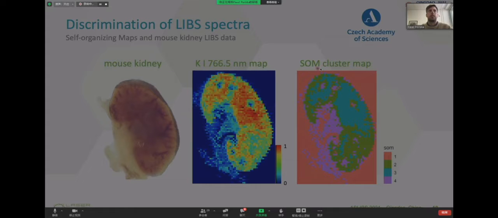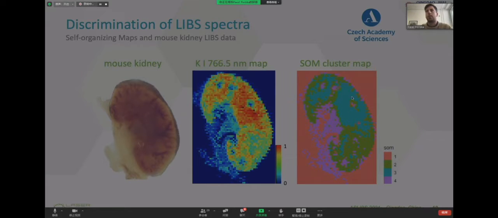So we are using self-organizing maps. I'm not going to speak about the optimization in the clustering, but we are doing a simple self-organizing map, a very simple artificial neural network algorithm. And we are using k-means clustering. In this case, we have 4 clusters. You can see that one cluster, the salmon pink color, is just the paraffin around the kidney.